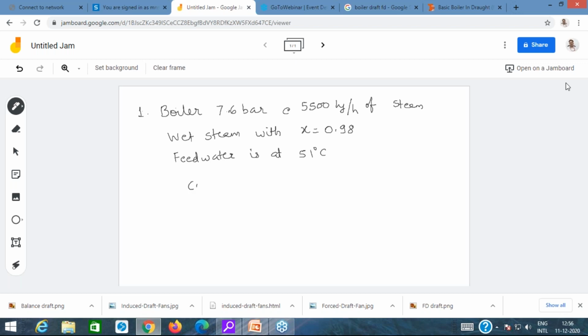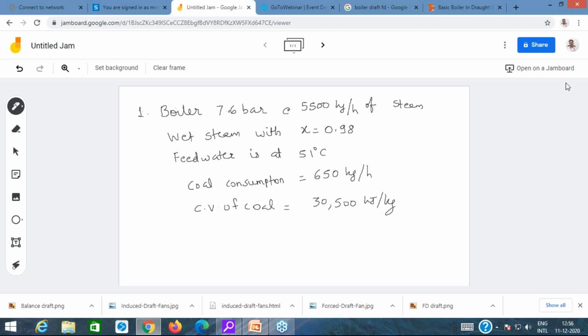It is a coal fired boiler, so the coal consumption is 650 kgs per hour. The calorific value of the coal is given to be 30,500 kilojoules per kg.